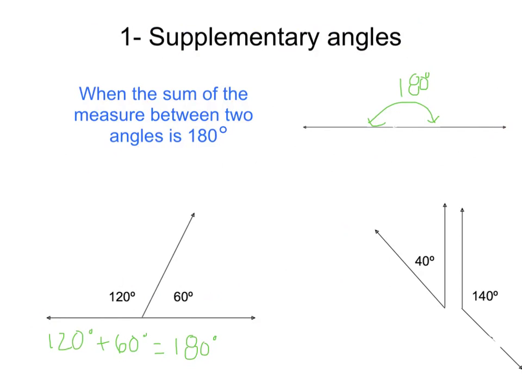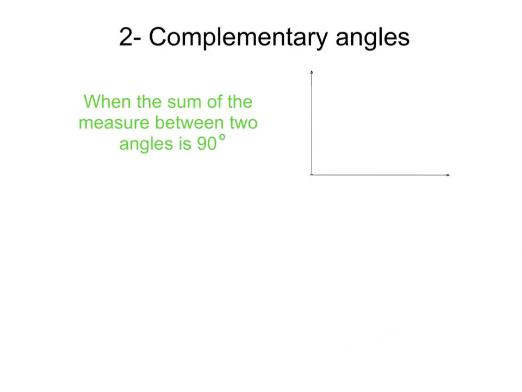So we can see here that our example is we have 2 angles. One is 140 and one is 40. And since 140 plus 40 is 180, we know that these 2 are also supplementary. So we just need to know that the sum between 2 angles is 180 degrees.